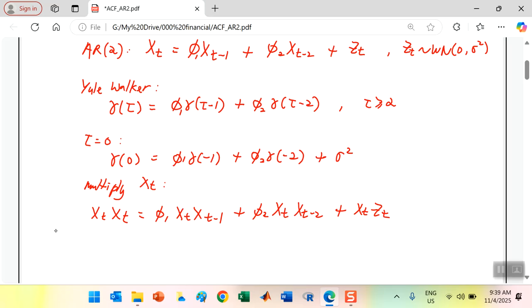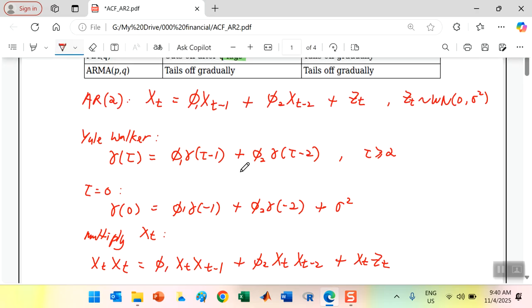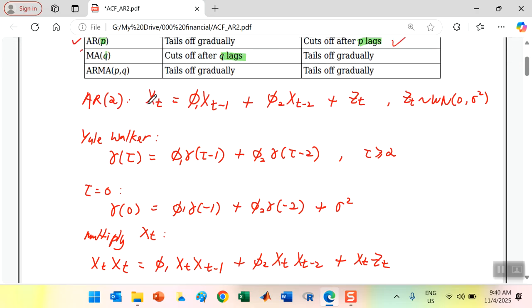So you apply the expected value. The expected value here actually will give us the variance, since the mean of xt, E of xt, should be close to 0.